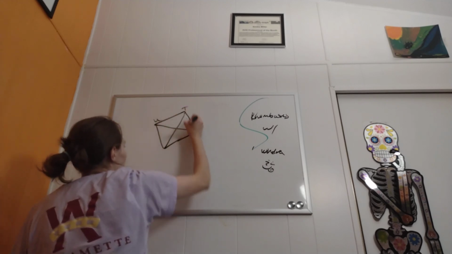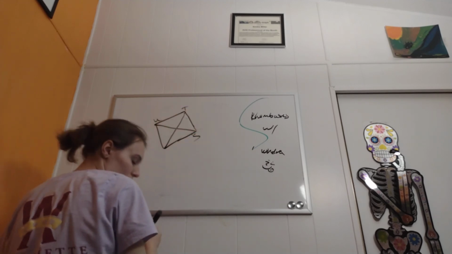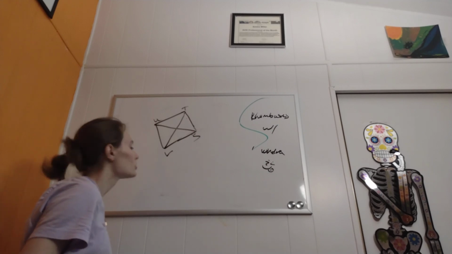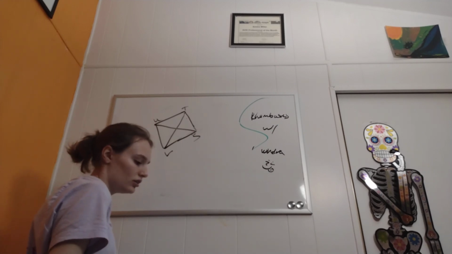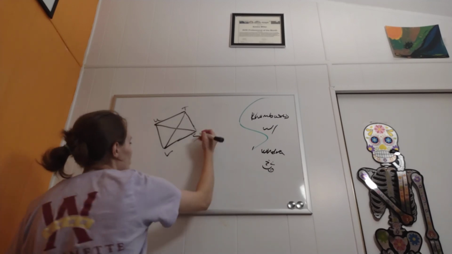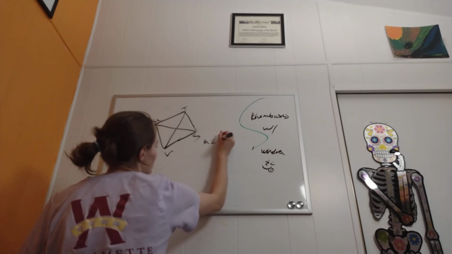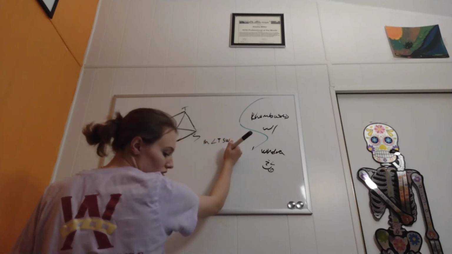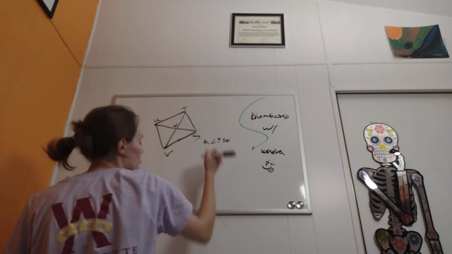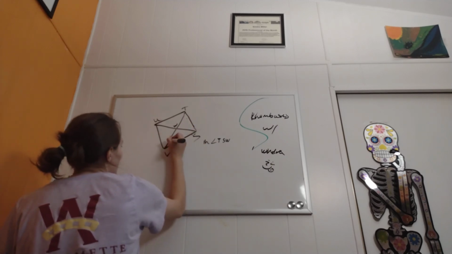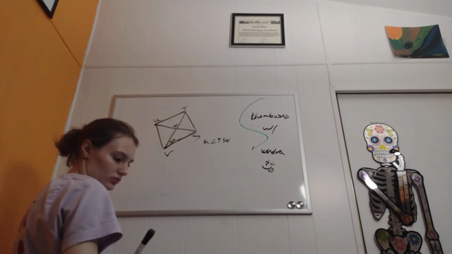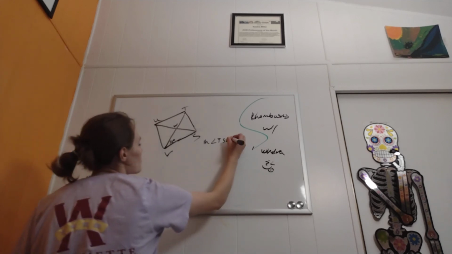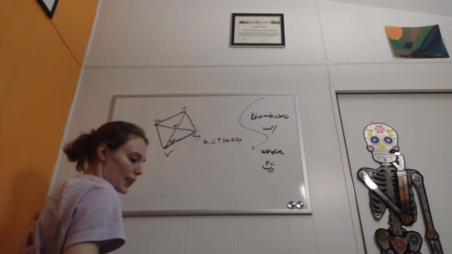So UTSV, rhombus UTSV, we know that the measure of angle TSW, excuse me, 32, okay. Make sure everything's there. Yes. Minus 2y.